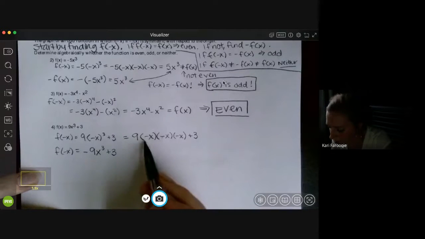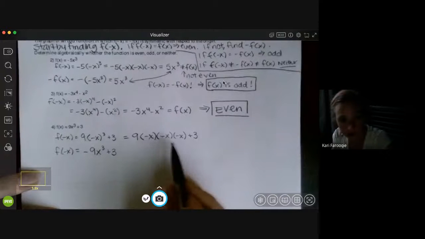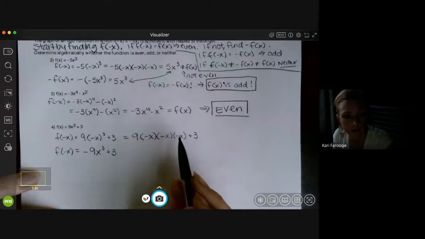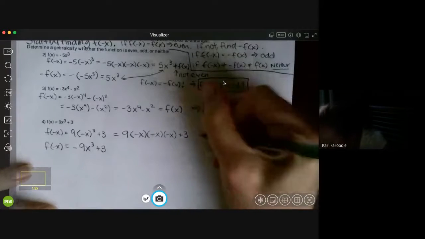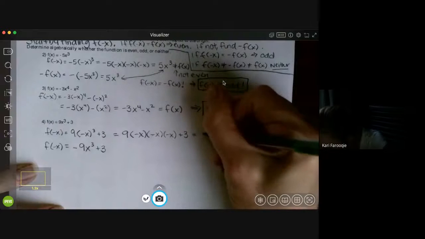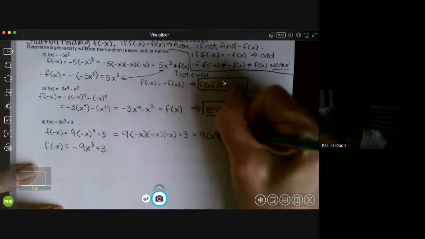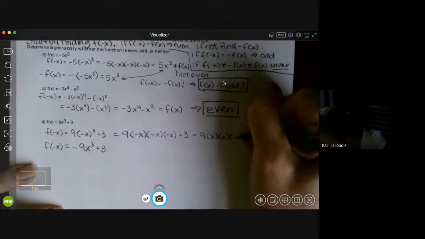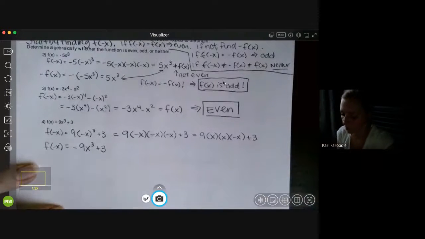Then two of these negatives will come together to make a positive, and you're going to have one left over. That one left over will just hang out in the front. So you could rewrite it like this, and then you could just move that negative in front of the 9, and you'd be saying the same thing.